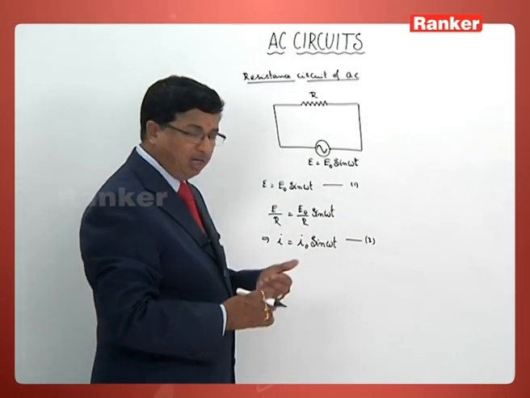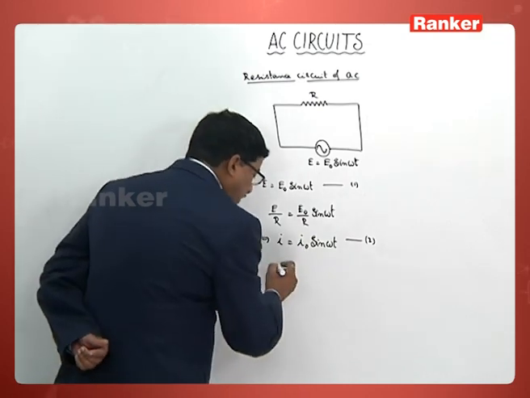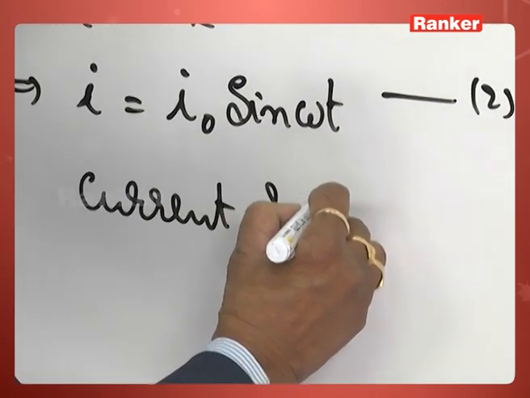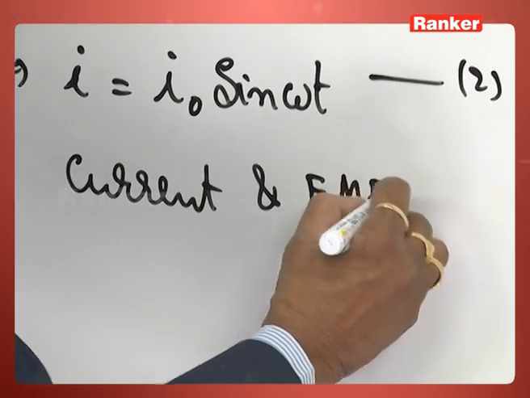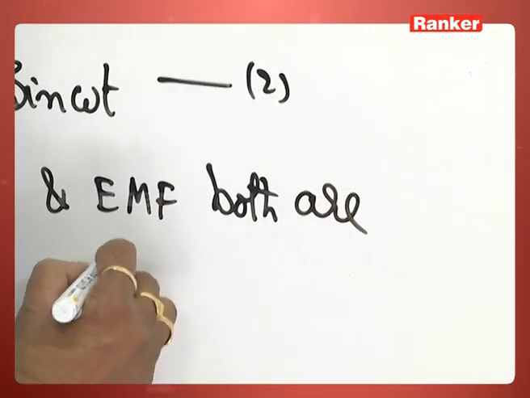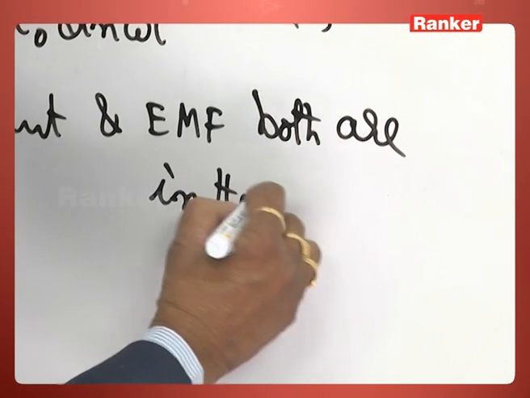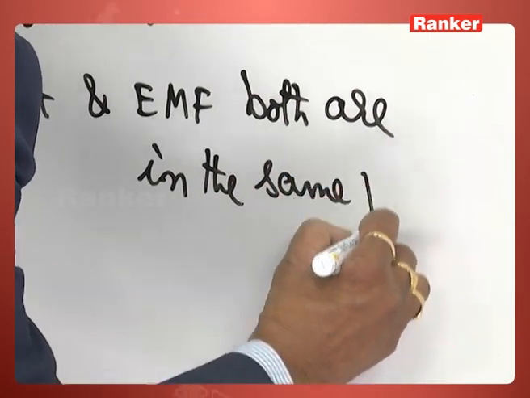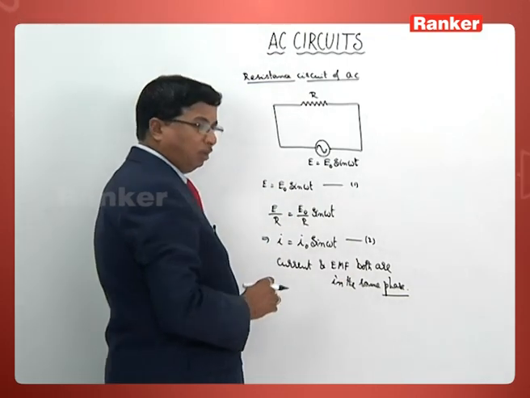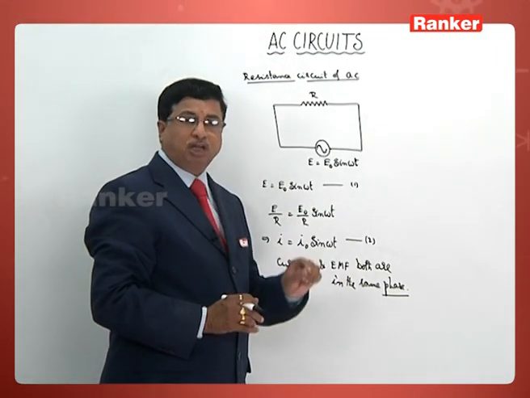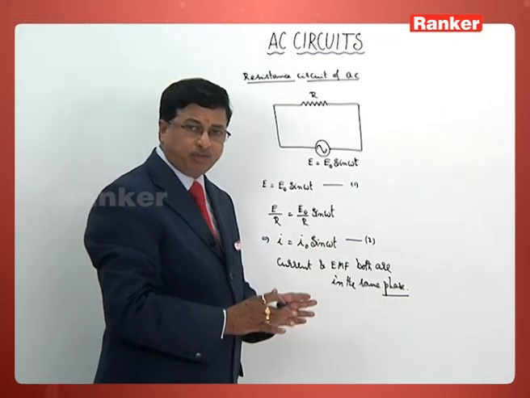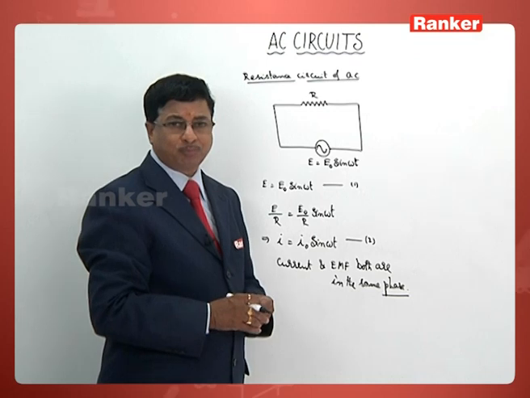So, what can one identify from these two equations? Current and EMF both are in the same phase. That is the one we have to understand. That means the phase difference between them is to be taken as 0. When their phase is the same, the phase difference automatically will be 0.